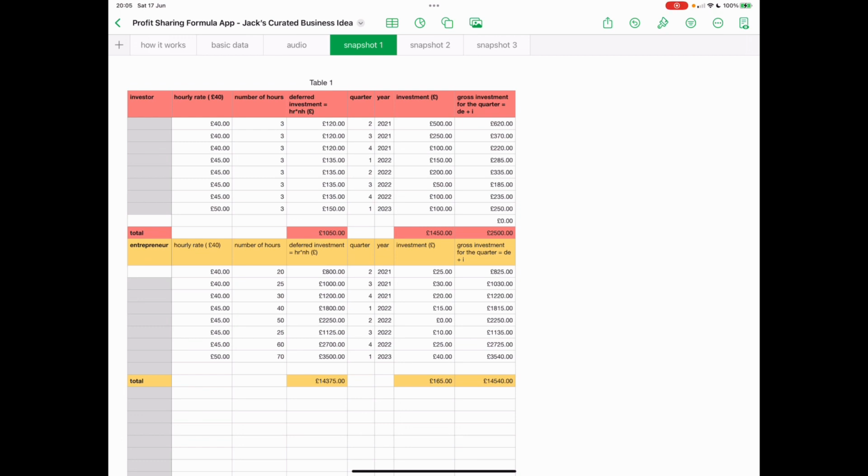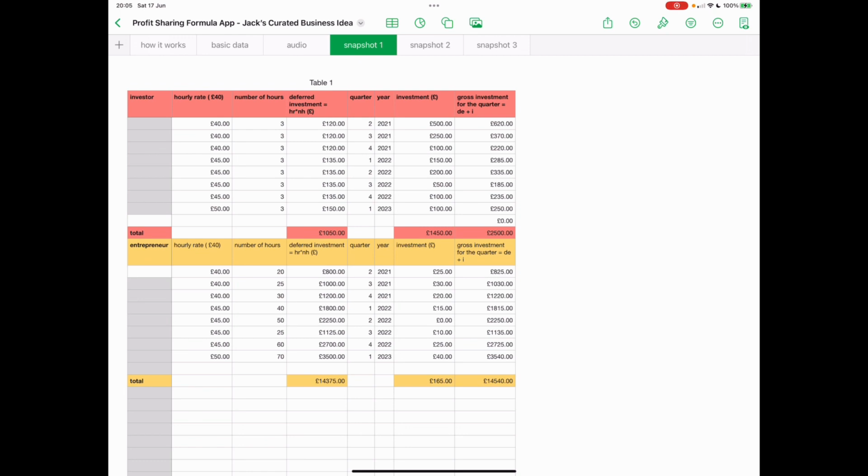But in terms of the effort he put in, when this is quantified, you can see under the deferred investment, what he put in totaled up to about £14,375. So the gross investment for the quarter by the entrepreneur came to about £14,540.